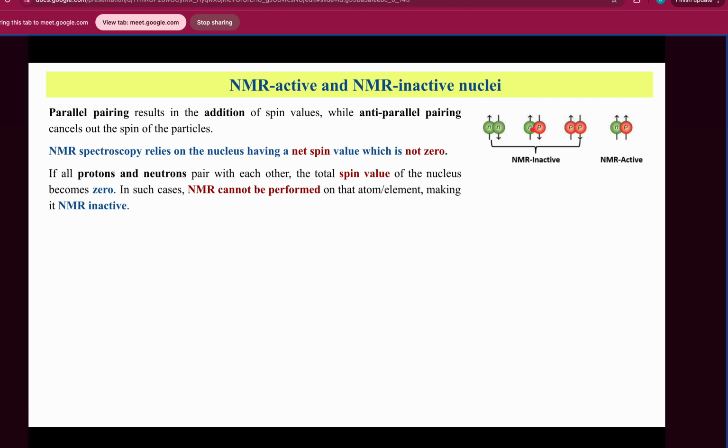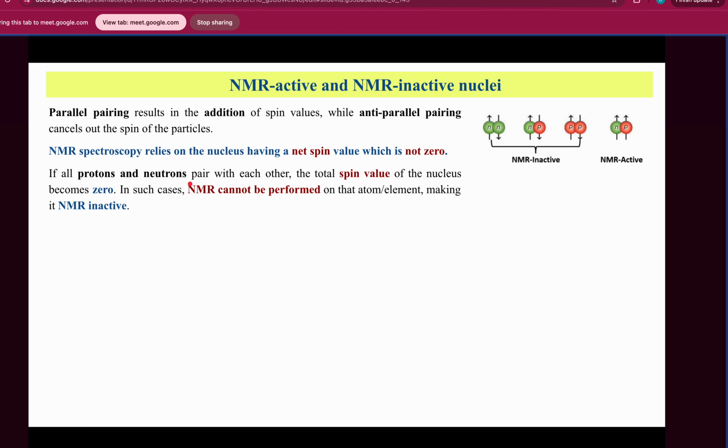So this is the pairing of the neutrons and the protons. So the objects which have the parallel pairing will be NMR active, and if there is anti-parallel pairing, then those atoms will be NMR inactive. NMR spectroscopy relies on the nucleus which has a net spin value which is not zero. So there should be some net spin value, then only that particular atom will be NMR active.